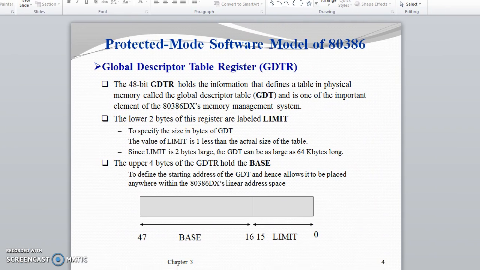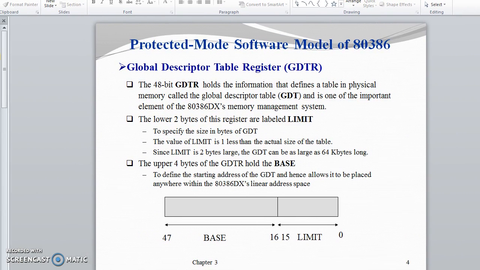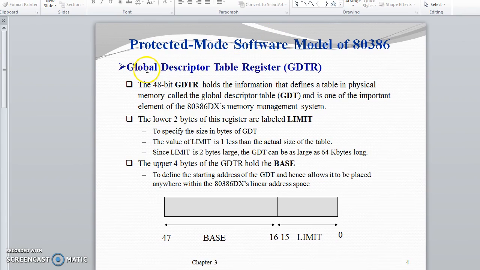About GDTR, in slide number 4. GDTR means Global Descriptor Table Register. It holds the information that defines a table in physical memory called the Global Descriptor Table, GDT.